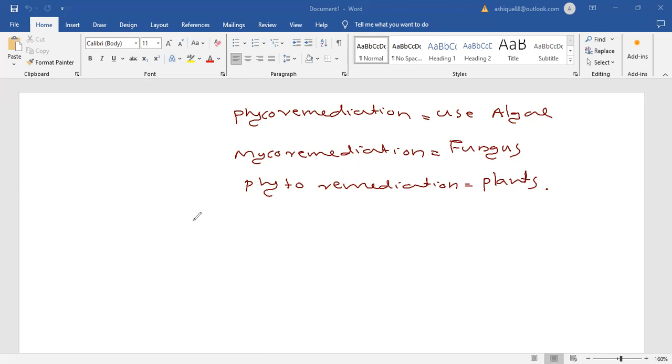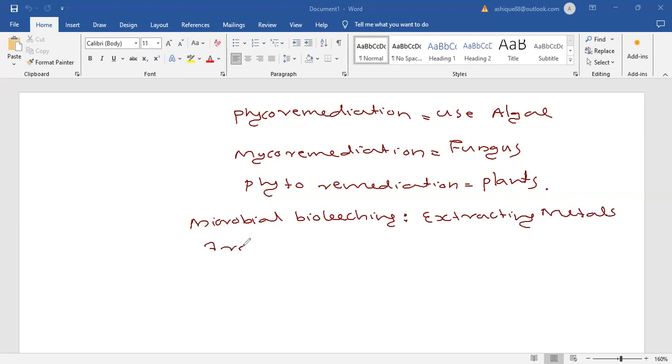You might have heard about the term microbial bioleaching. What is microbial bioleaching? Microbial bioleaching means we are extracting metals from the ores using bacteria.